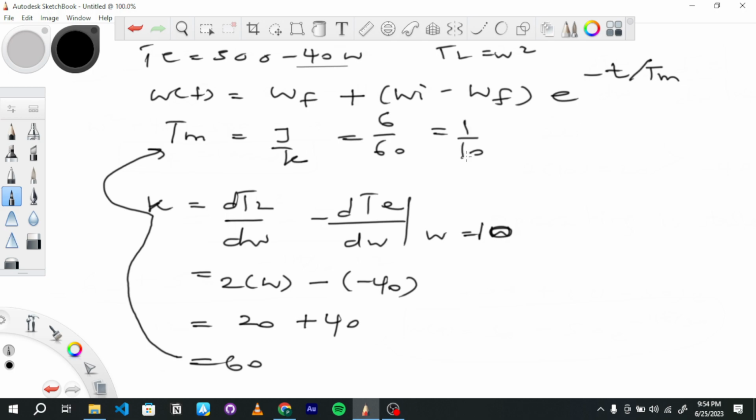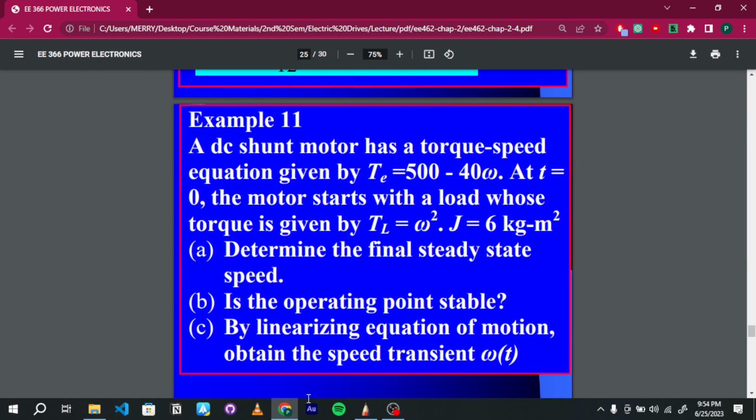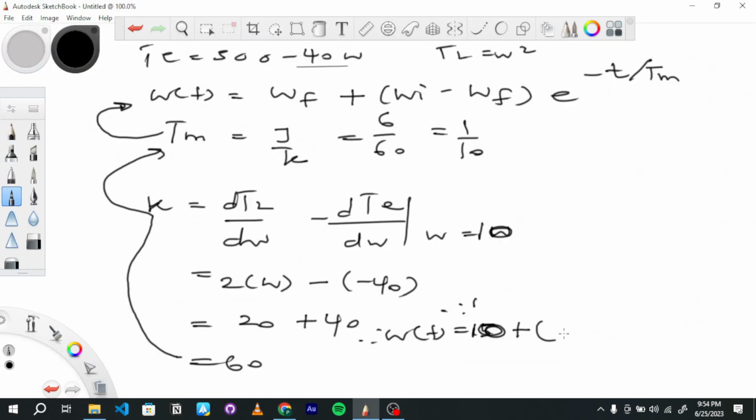Once I have Tm, I come back here. So my omega at t is given by omega f, which is 10, plus omega i. Let's check from the question: the motor starts, which means omega i is 0, minus omega f, 10, e to the minus t over 1 over 10. So the 1 over 10 comes to the top to multiply.